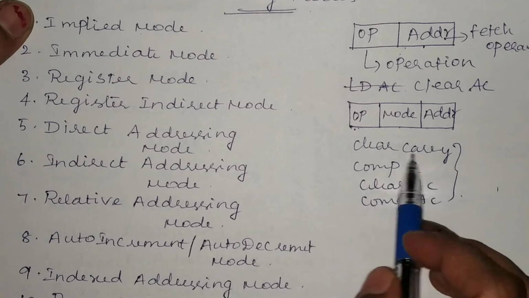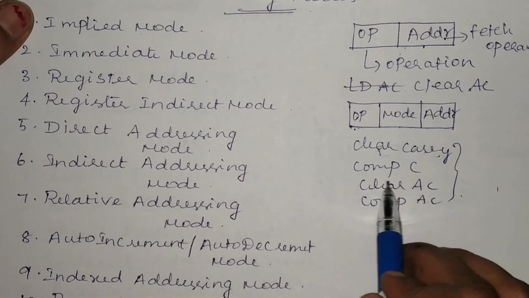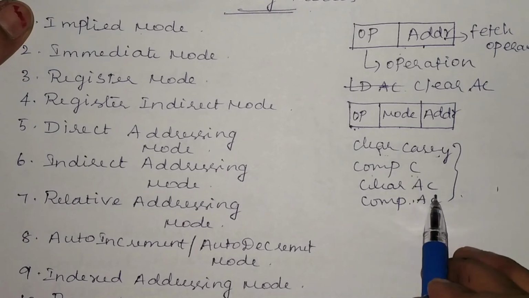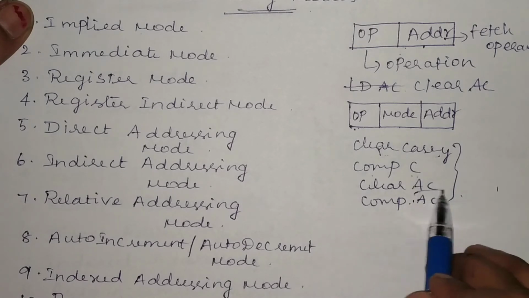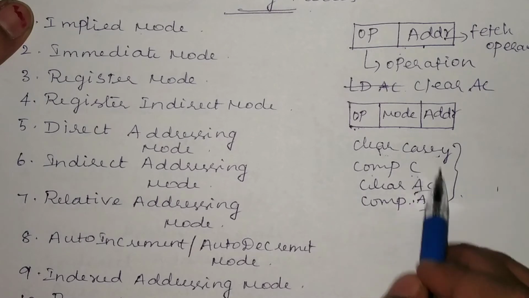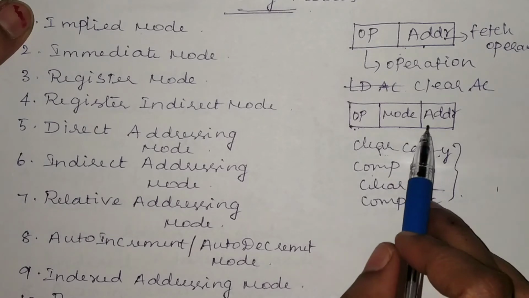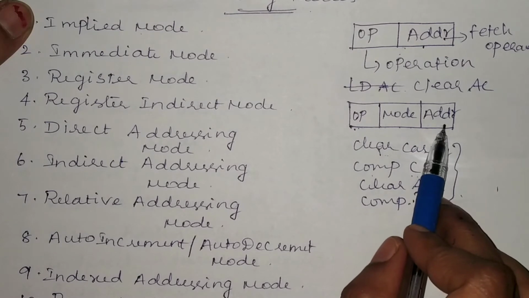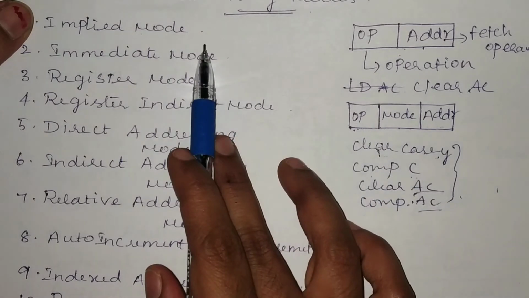Here clear carry means the carry value will be cleared, complement carry means the carry value will be complemented. In the same way we can do these operations with the accumulator value, which is implied in the instruction itself. It does not need any specific field to represent where we are going to fetch the operand. So this is implied mode.